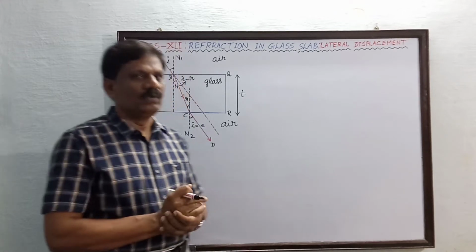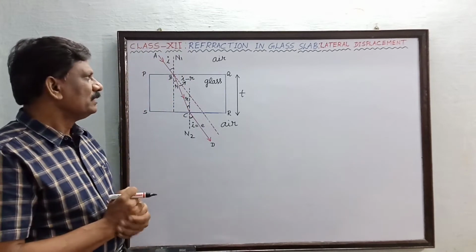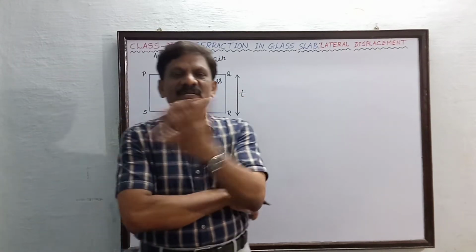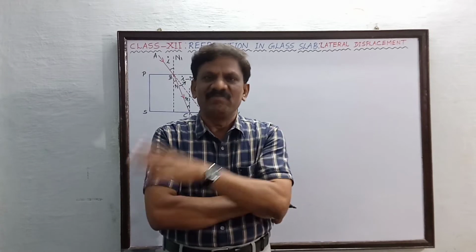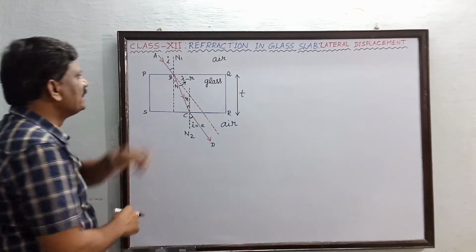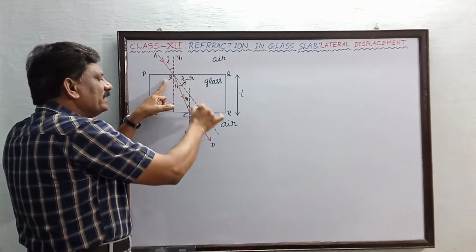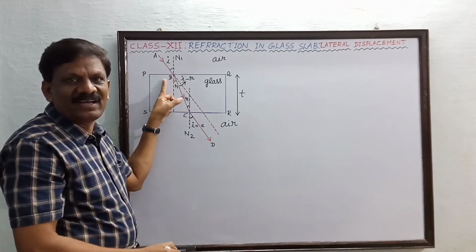Okay. Now, we want the definition for lateral displacement. What is meant by lateral displacement? For that, now you look at the incident ray AB, which is extended by a dotted line.